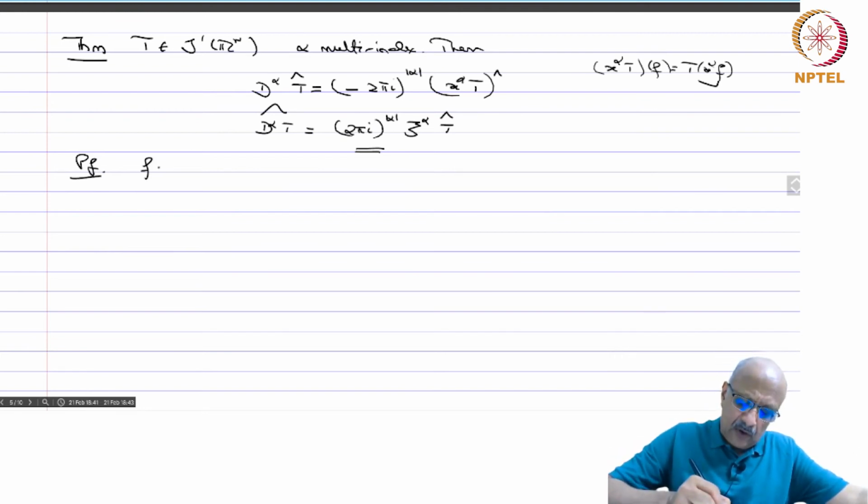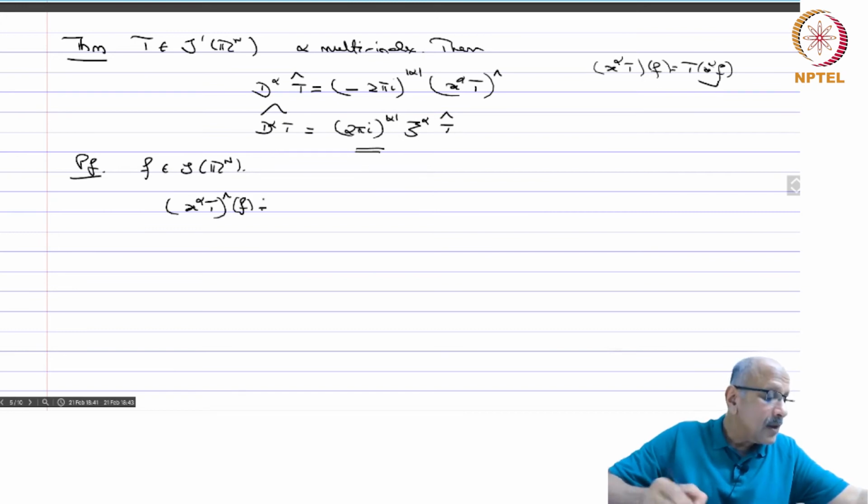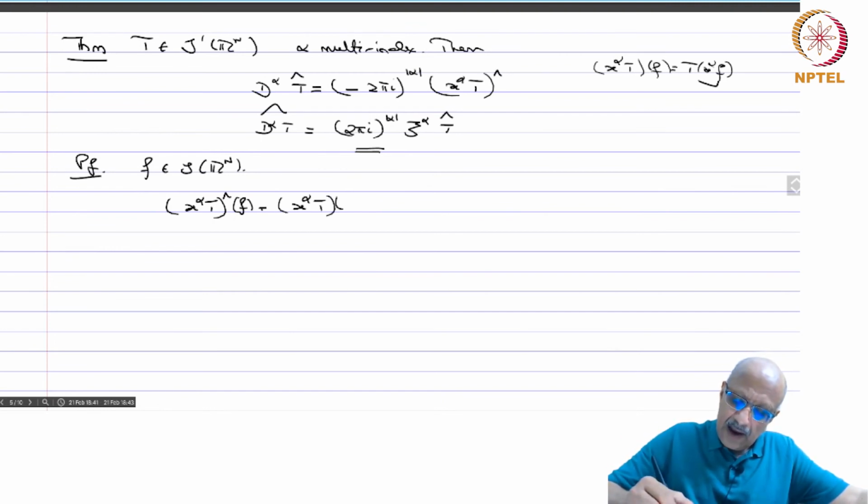So, let f belong to S of Rn. What is x^α T hat f? It is equal to x^α T acting on f hat, and that is equal to T of x^α f hat.